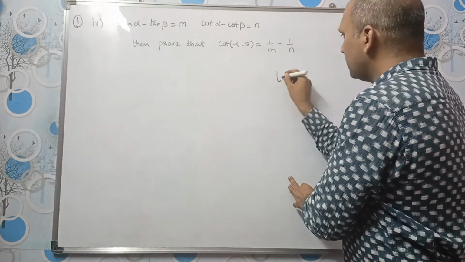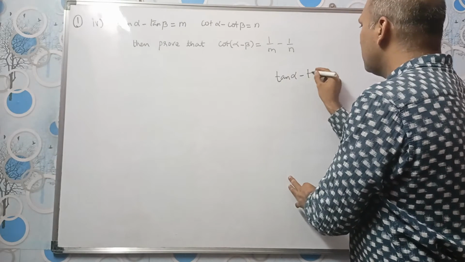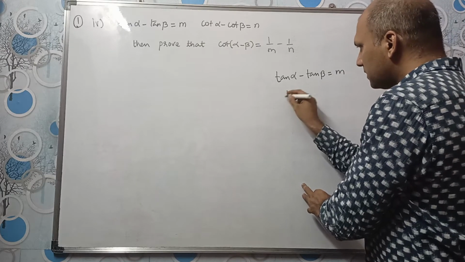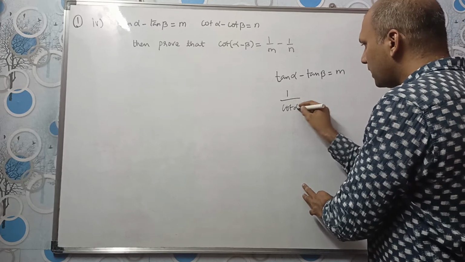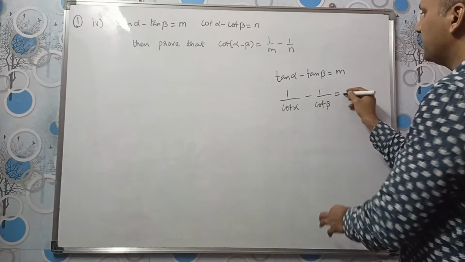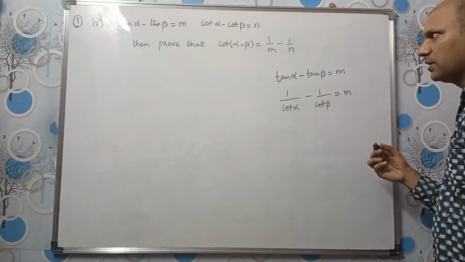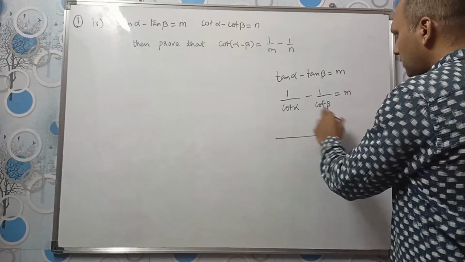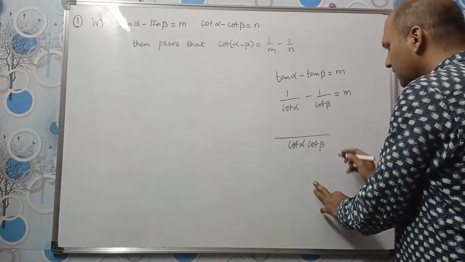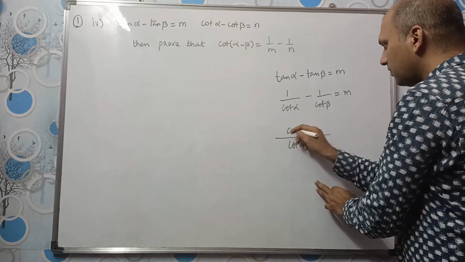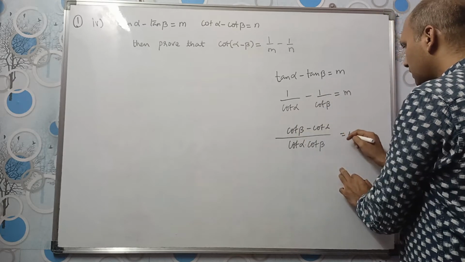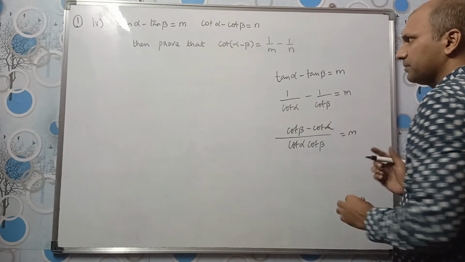Alright, so we have tan alpha minus tan beta is equal to m. This is given. This tan, let us write it as 1 by cot alpha, and this, let us write it as 1 by cot beta, is equal to m. Okay, so denominators are different. Cot alpha multiplied by cot beta, cross multiply this, we will have cot beta minus cot alpha is equal to m, right?